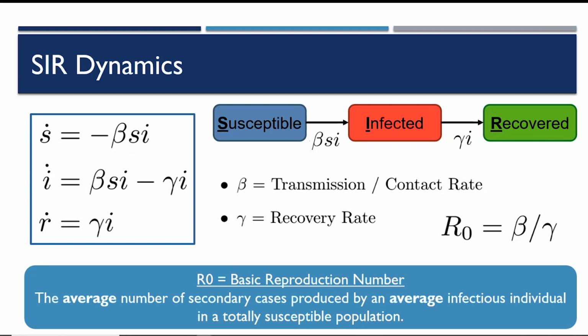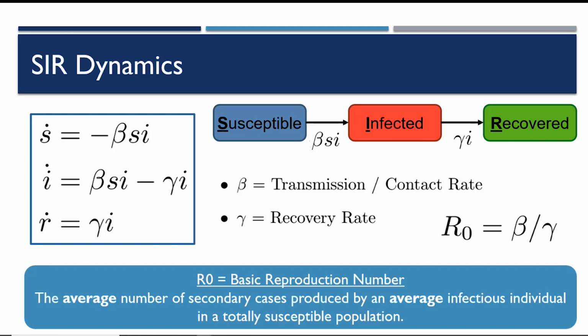This is defined as the average number of secondary cases produced by an average infectious individual in a totally susceptible population. So the idea here is, say if the R number is 3, then that means if I'm infected by the disease, I am on average going to pass on that disease to 3 other people. So you can imagine at that point the disease is growing, but if the R number is, say, less than 1, then the disease will hopefully die out at that point.